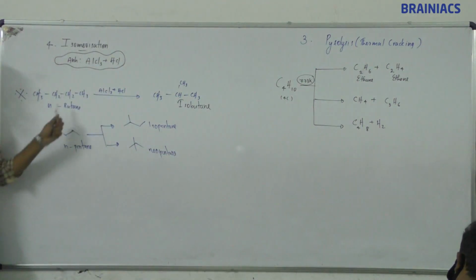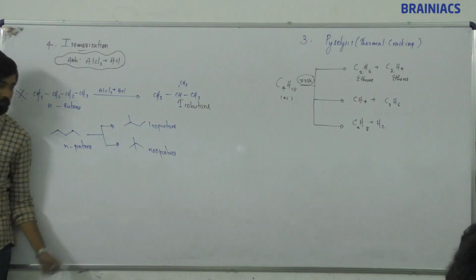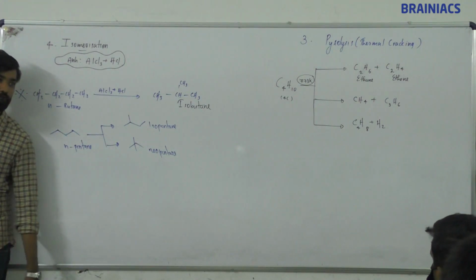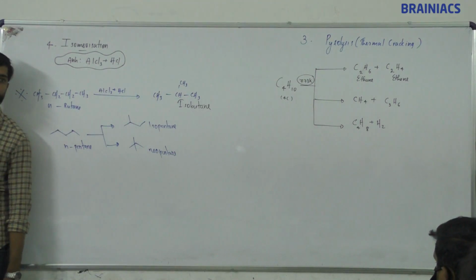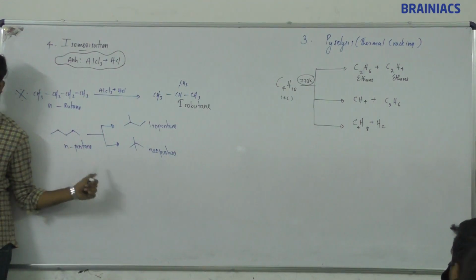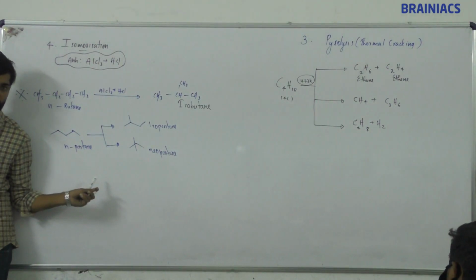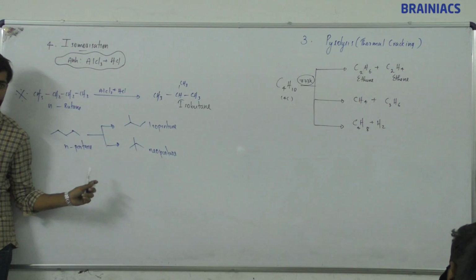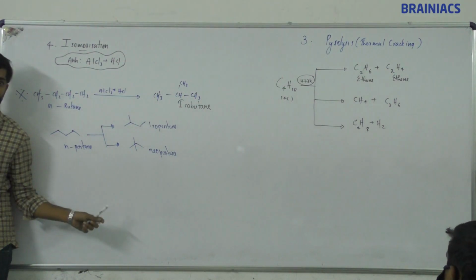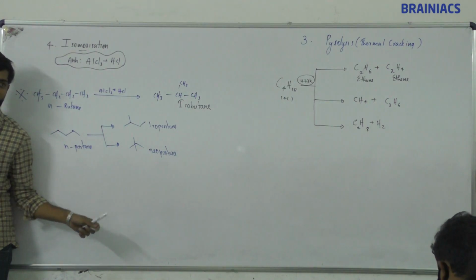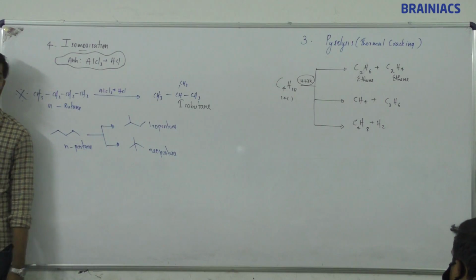For more than 4 carbons, possibilities are increasing. If it is 6 carbon, we have 5 possibilities. For 7 carbon, we have 9. Total isomers of alkane of 7 carbon is 9, 8 carbon is 18, 9 carbon is 35, and 10 carbon is 95. So we can't predict a particular one.